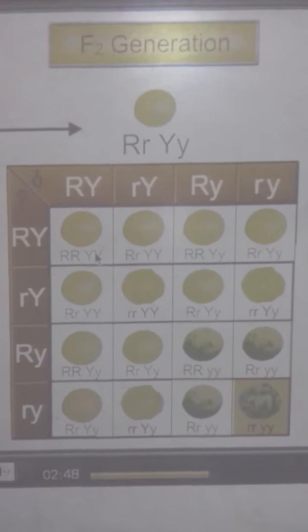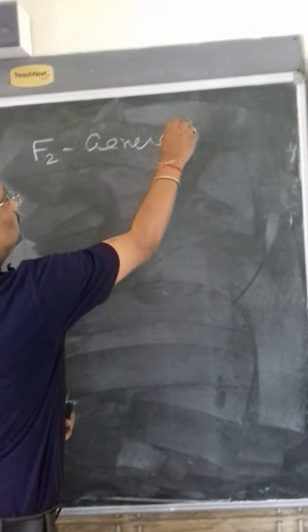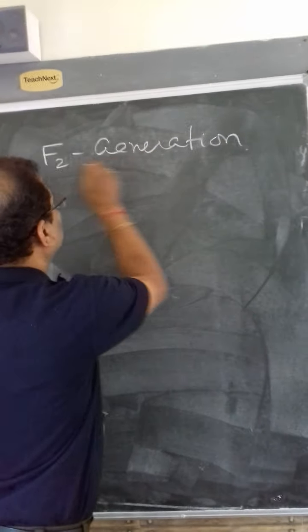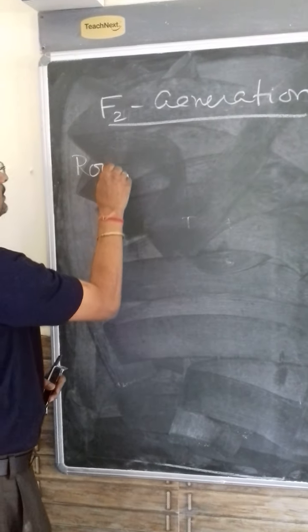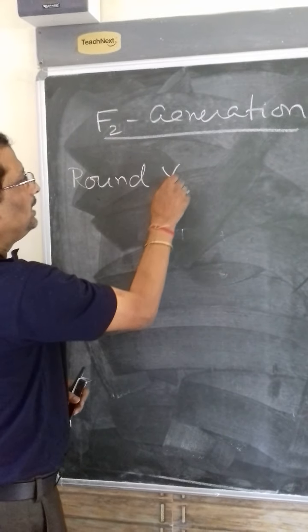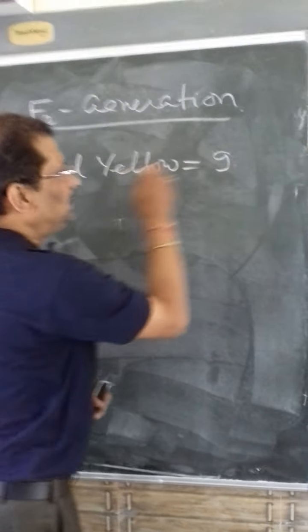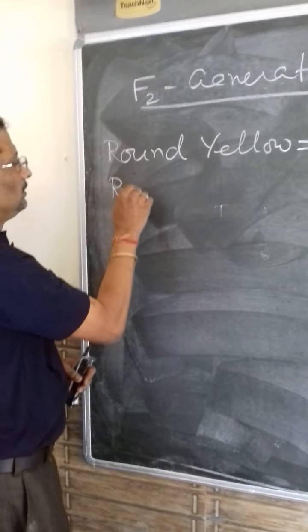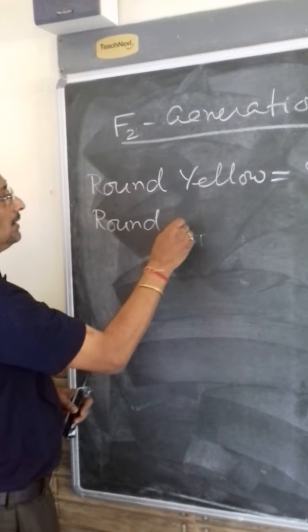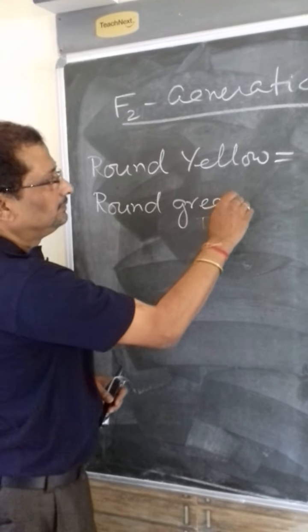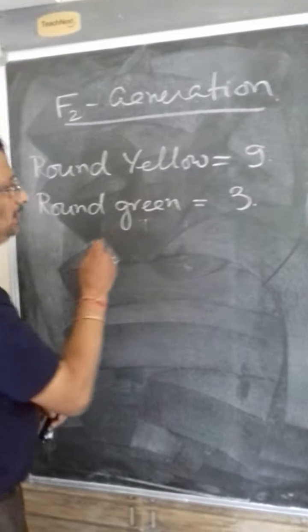So what are the combinations of the F2 generation? Round and yellow, that will be 9. Round and green, that will be 3.